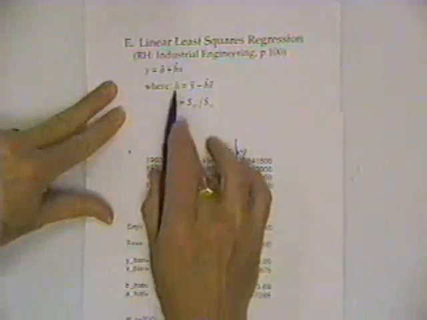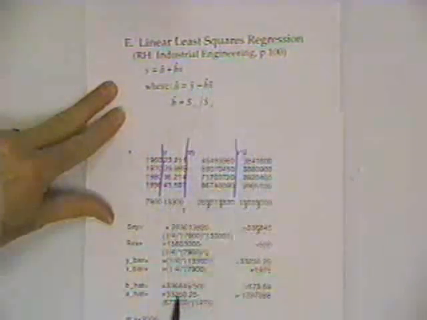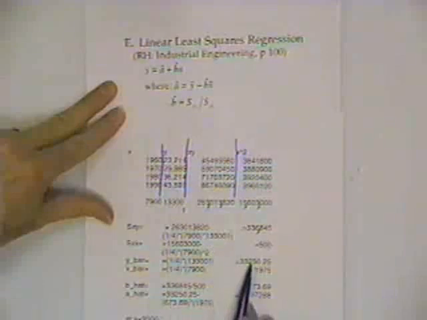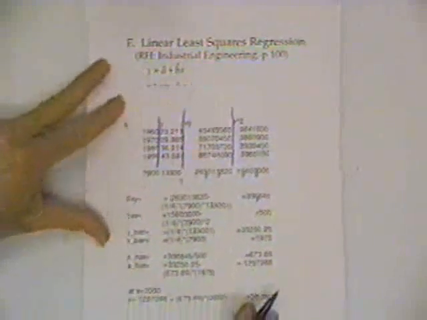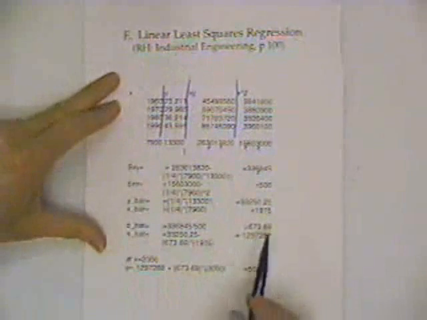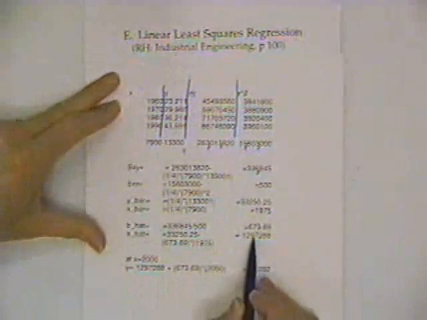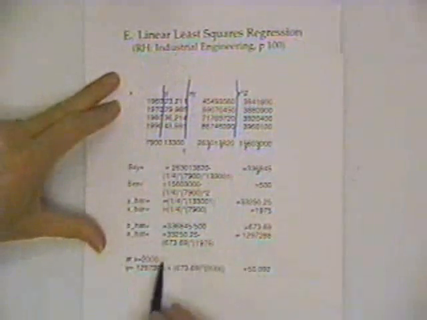Then calculate A hat as Y bar minus B hat times X bar. We calculated Y bar here. We subtract B hat times X bar, and we end up with this number. So then we have the slope and the intercept of our function.